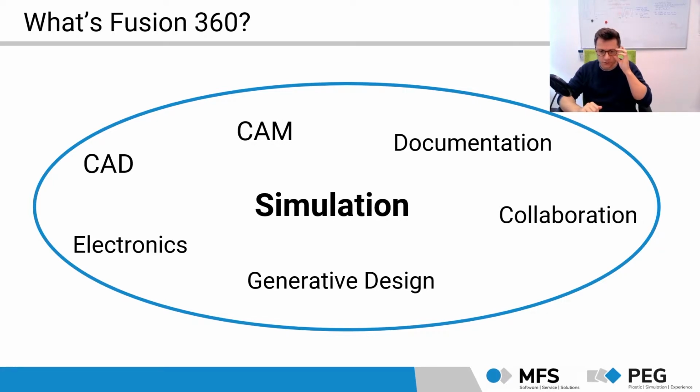You have the option of generative design, which is a very cool and nice way that also includes topology optimization. And then you have documentation and collaboration. So documenting, of course, drawings and of models and dimensions. And collaboration I will show later, but yeah, you can also work in teams, work with other people, share your designs, and so on.